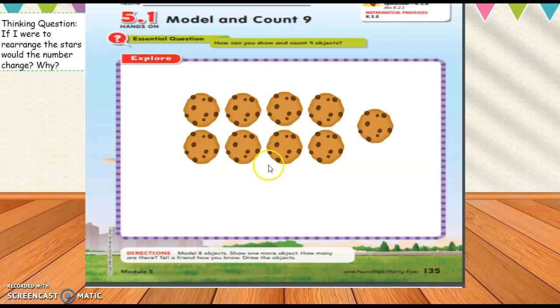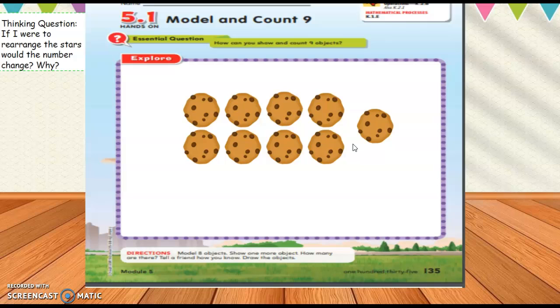She has 9 because first we had 1, 2, 3, 4, 5, 6, 7, 8. And then her mom gave her 1 more, which is 9, okay? So Lauren has 9 cookies, because first she had 8, and then her mom gave her 1 more, and that made 9.